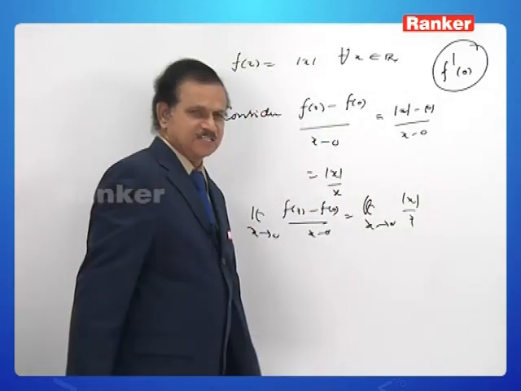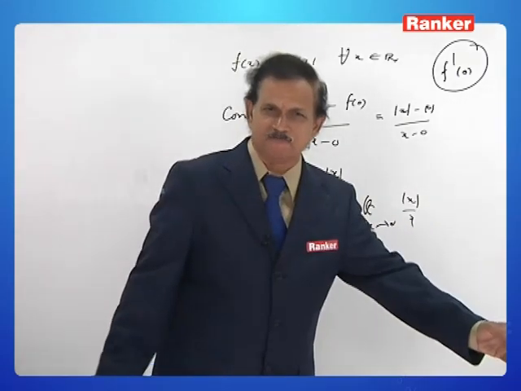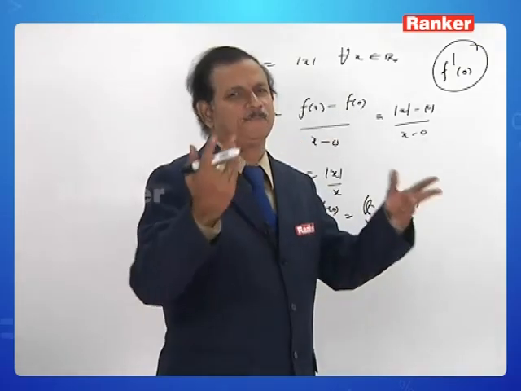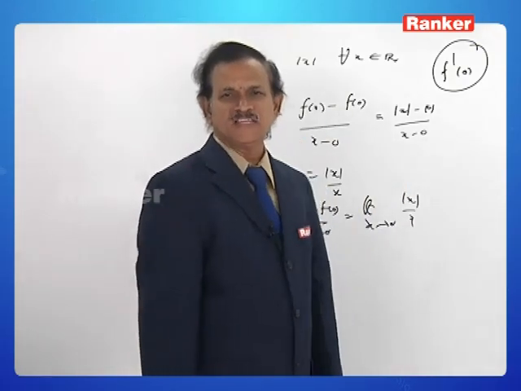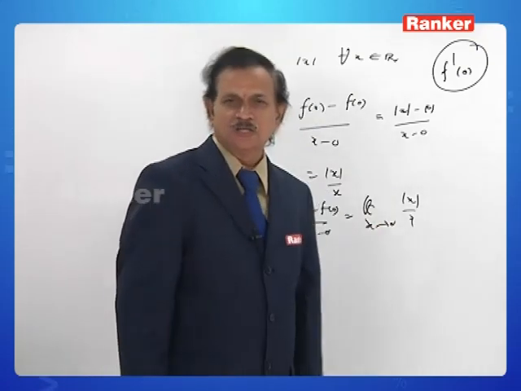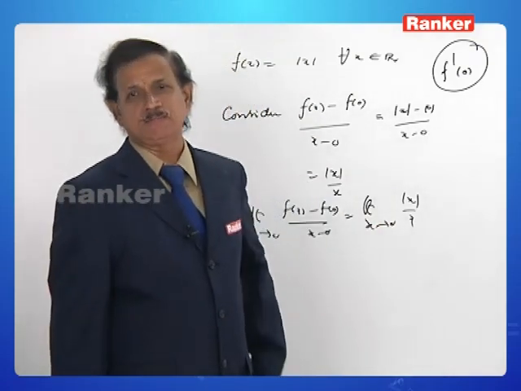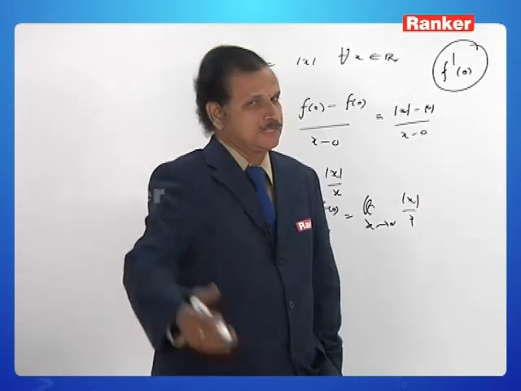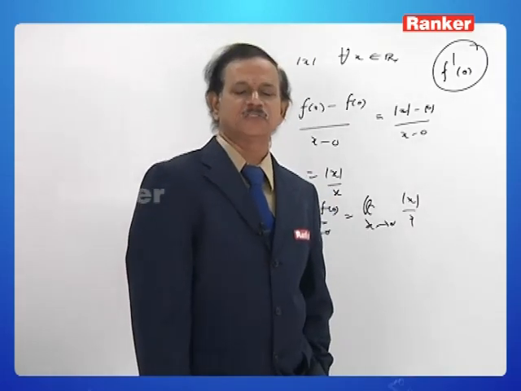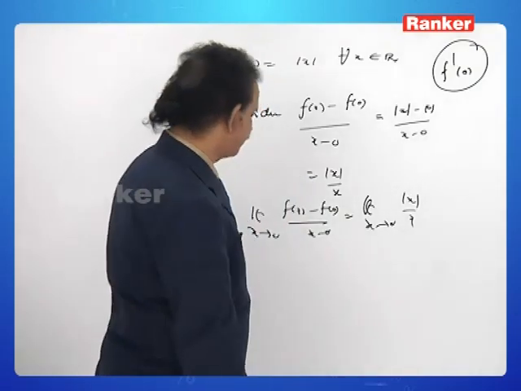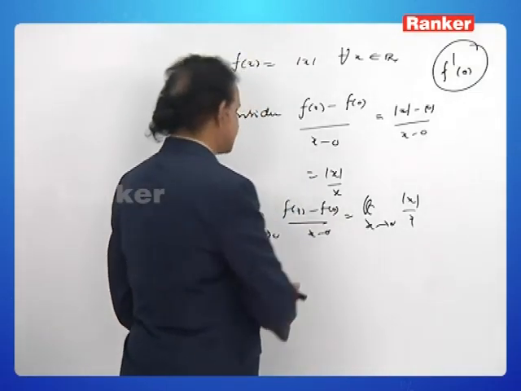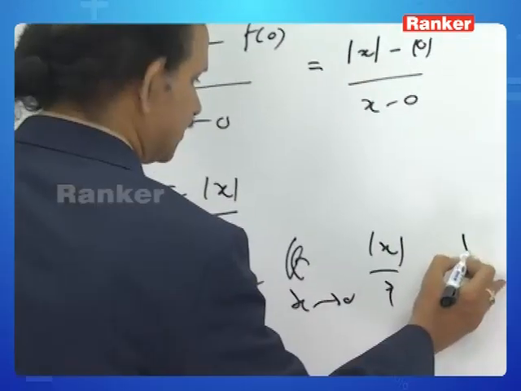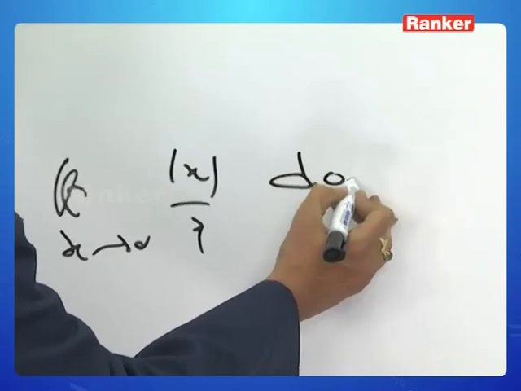Well, my dear, this is a famous limit which we have discussed many times in the limit chapter. That can never exist. To be more precise, the left hand limit is minus 1 and the right hand limit is plus 1. The limit does not exist at all. Therefore, the limit as x tends to 0 of (f(x) minus f(0)) by (x minus 0) does not exist.